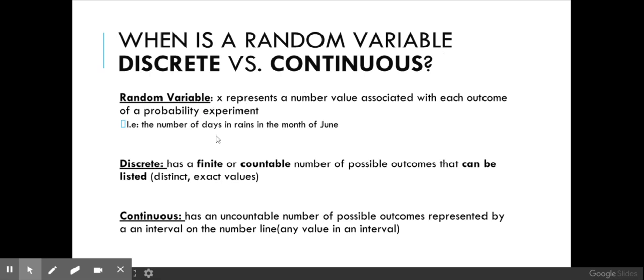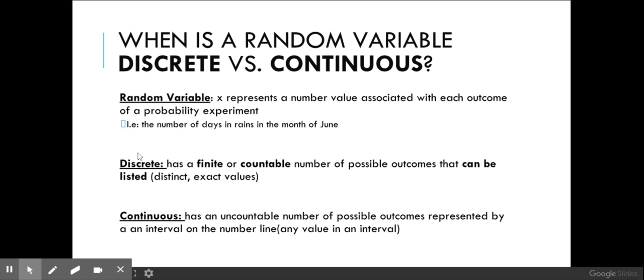This could be, here I have an example, the number of rainy days in the month of June. And x would represent, whatever that random variable is, the outcomes of an experiment. So did it rain in June or did it not rain in June? Those would be the two possible outcomes, and then x would represent how many times each of the outcomes occurred.